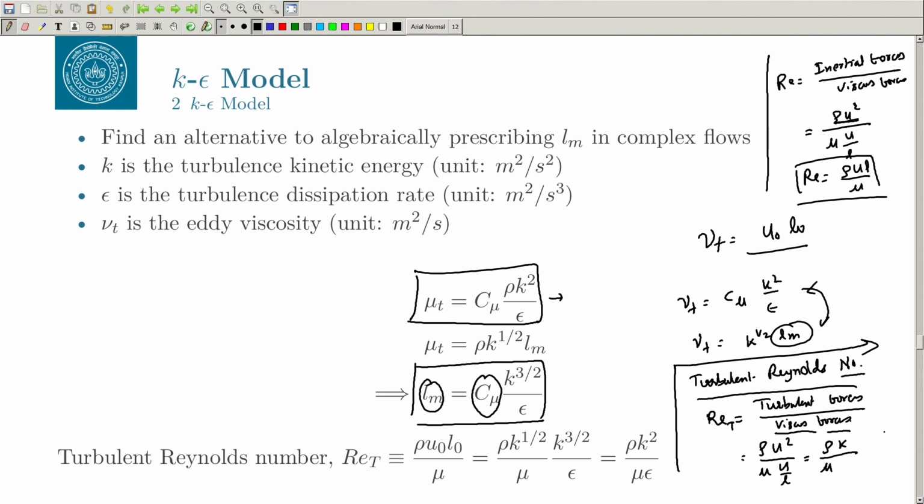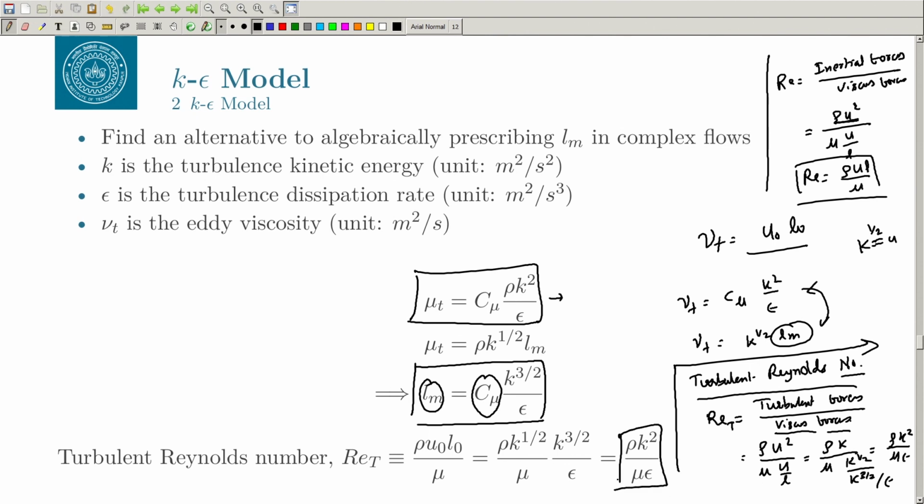Okay, so k to the power half is our u. So, if you look at the length scale, this is k to the power 3 by 2 by epsilon. So, this is k to the power half divided by k to the power 3 by 2 by epsilon, right. So, if you work this out, this will become rho k square by mu epsilon, which is given here.